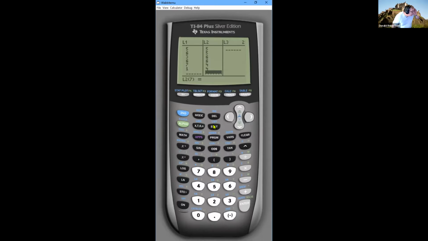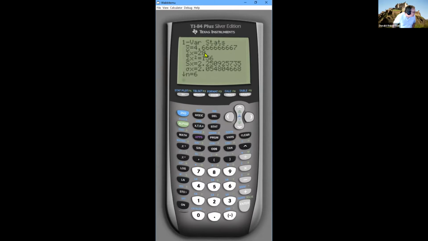What I can now do is hit the start button again, move over to calc and choose one variable stats, just like we always did. I want blue button 1. And when I hit enter, here is the data, but we want standard deviation this time.